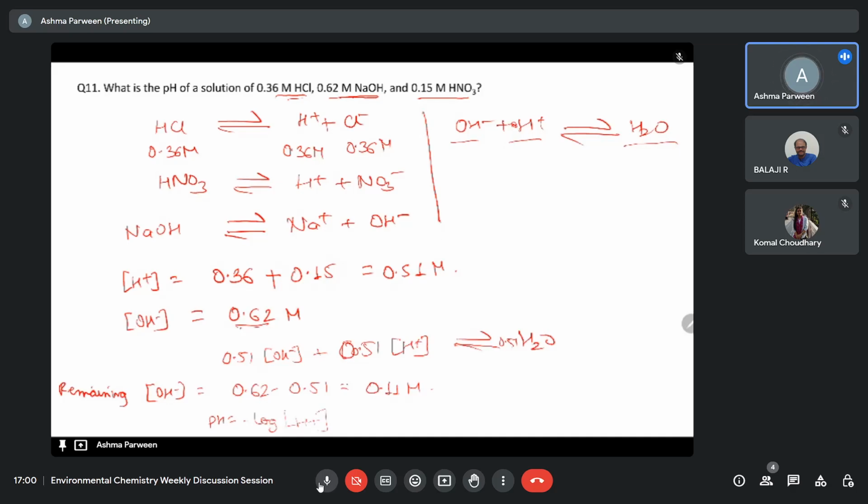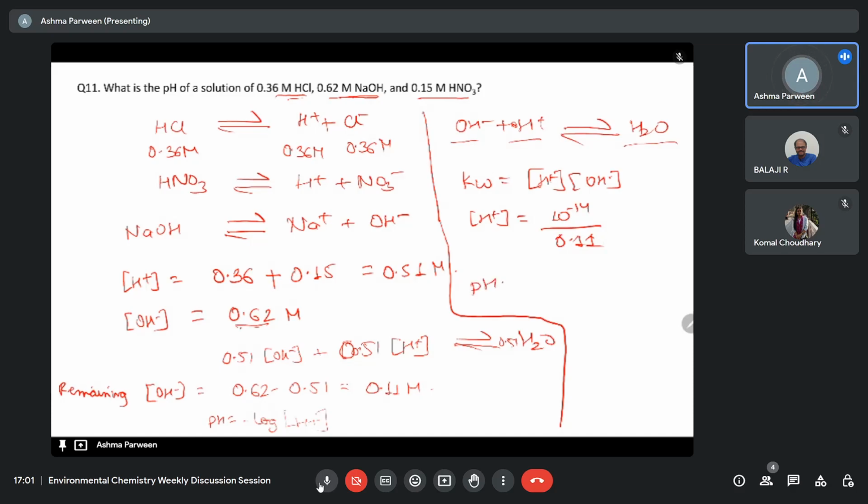Let's convert the concentration of OH minus into H plus. From this expression, Kw equals concentration of H plus times concentration of OH minus. So the concentration of H plus will be Kw, which at 25 degrees centigrade is 10 raised to power minus 14, divided by the concentration of OH minus, which is 0.11.